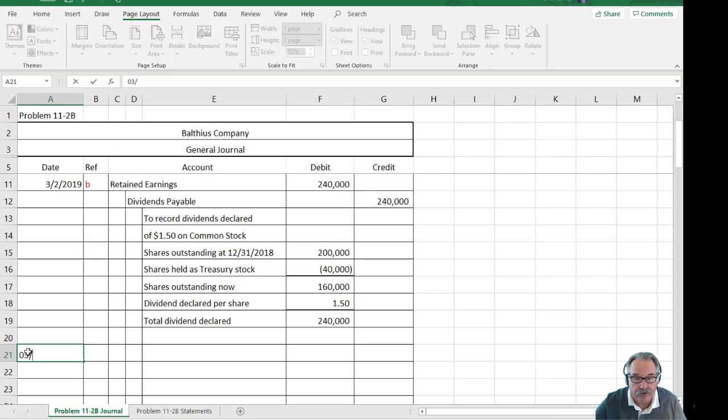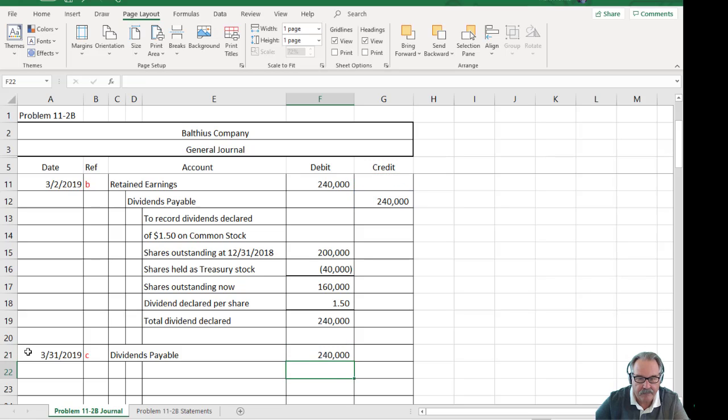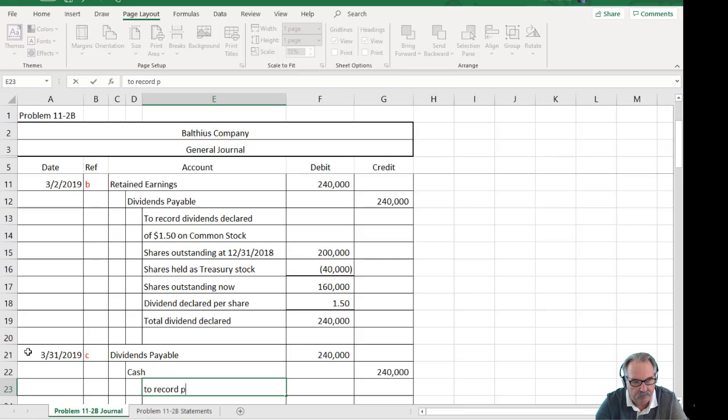On the 31st of March, we're going to debit dividends payable for $240,000 and credit cash. This is when we actually are sending checks out to the shareholders, to record payment of the dividend. We can just reference March the 2nd as the date it was declared.